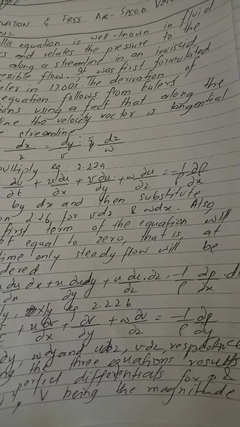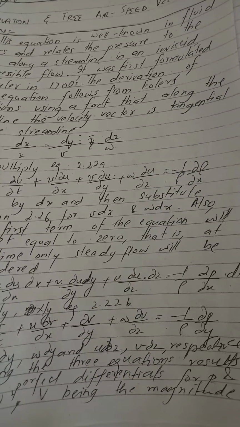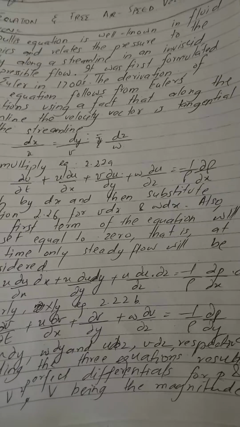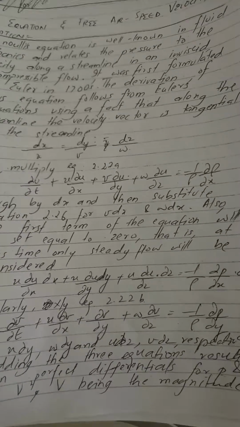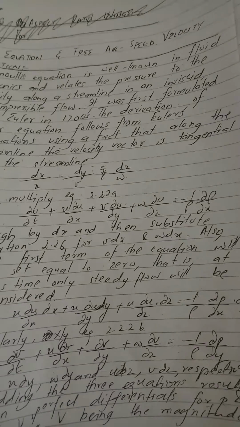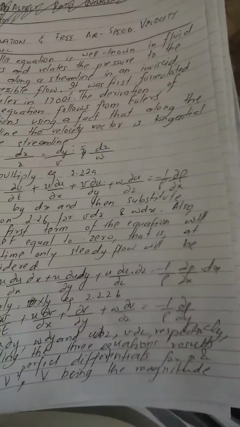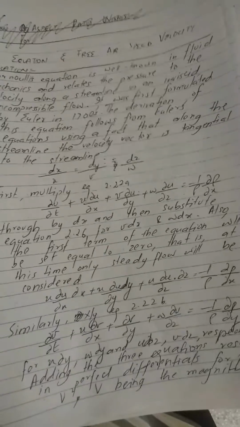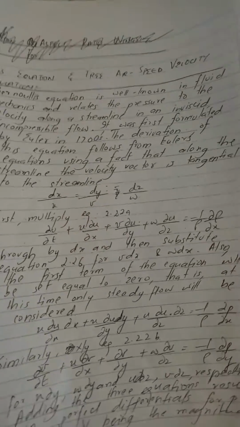The derivation of this equation follows from Euler's equation, using the fact that along the streamline the velocity vector is tangential to the streamline. That is, dx divided by u is equal to dy divided by v is equal to dz divided by w.